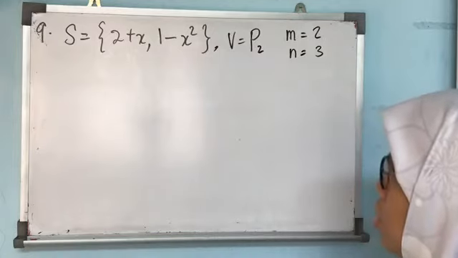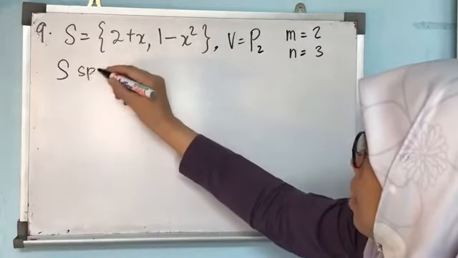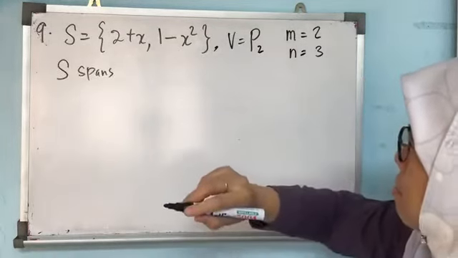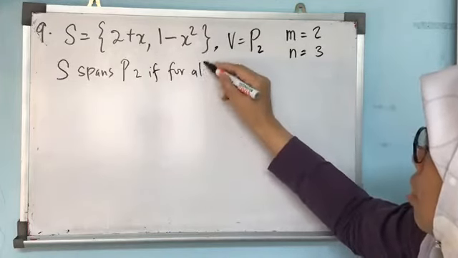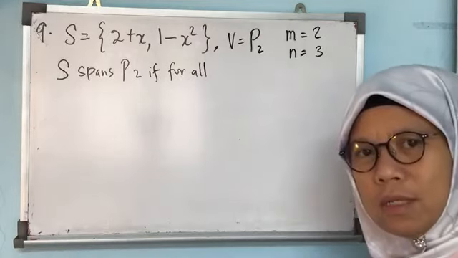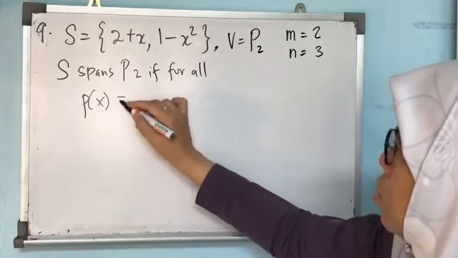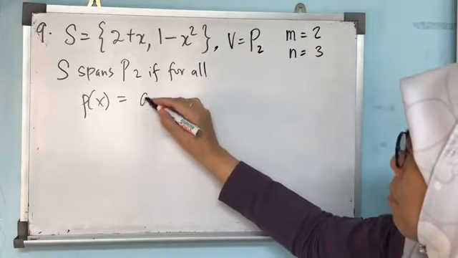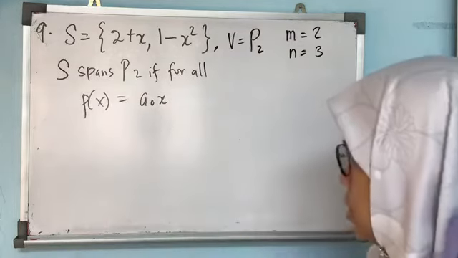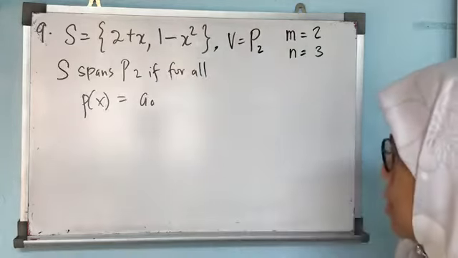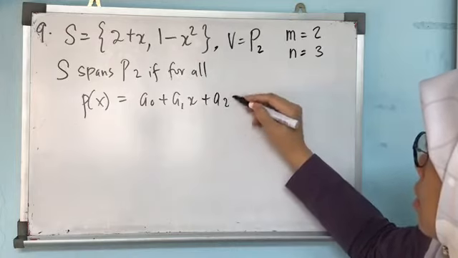Okay, so S spans P2 if for all, what is the polynomial? P(x) equals a0 plus a1 x plus a2 x squared.